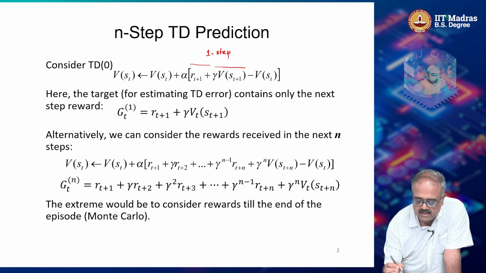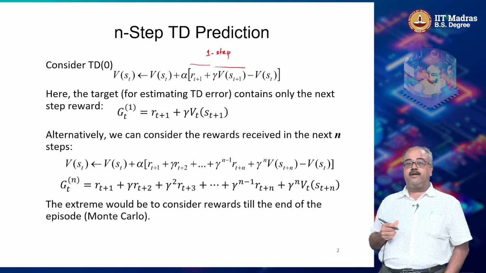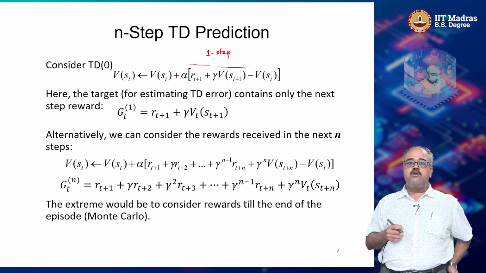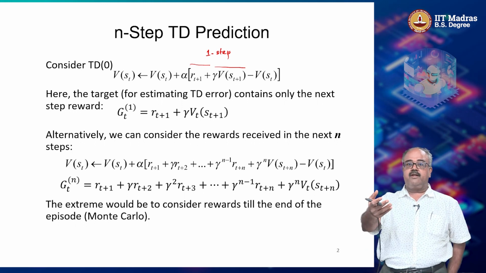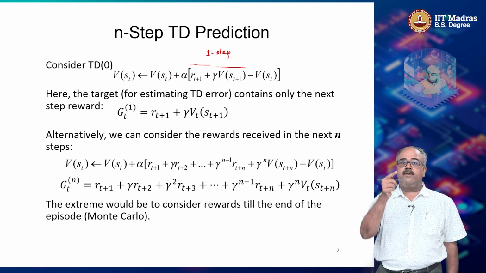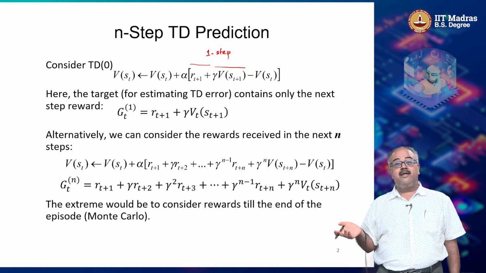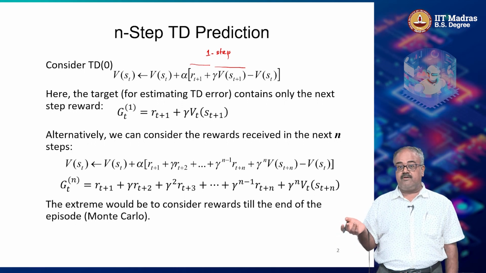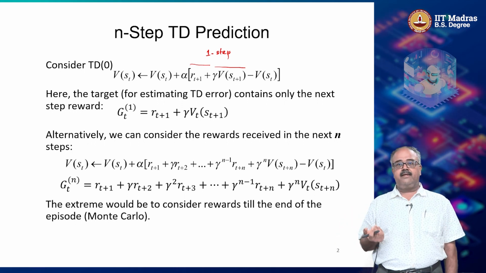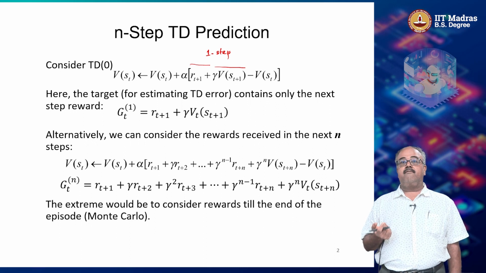In the last videos you would have called it one step Q learning also. The one step means you are not looking too far ahead into the future in terms of the real rewards. You are looking only one step into the future, getting the R_{t+1}, and after that you are correcting for the future rewards by adding the value function.